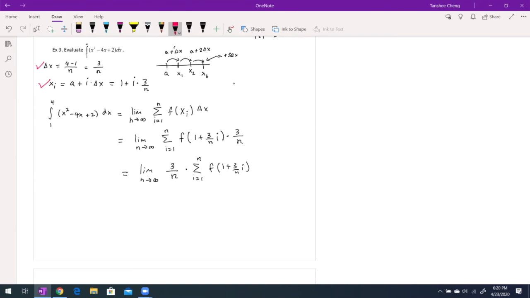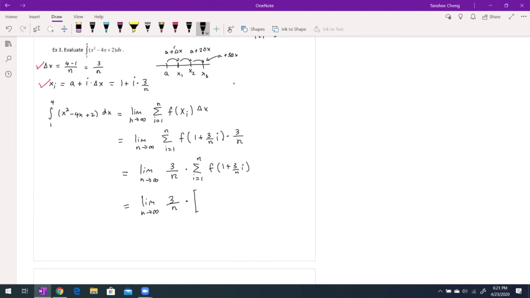So now this will become the limit as n approaches infinity of 3 over n times, this is where I'm going to put this, this 1 plus 3 over n i, that will be evaluated in our function.